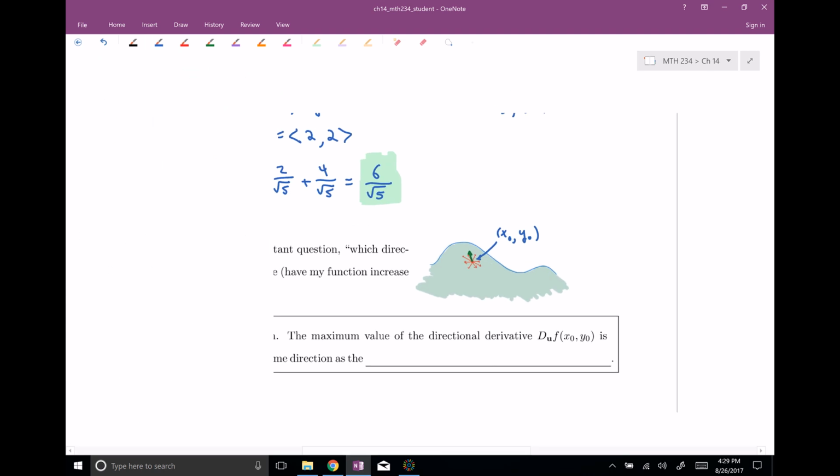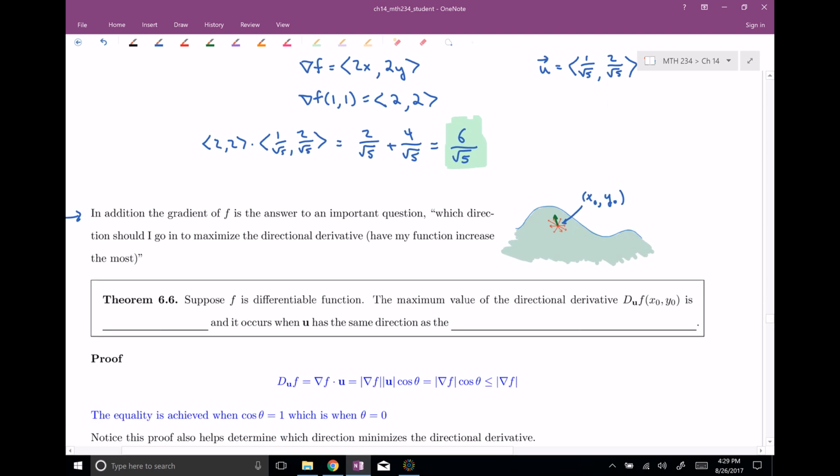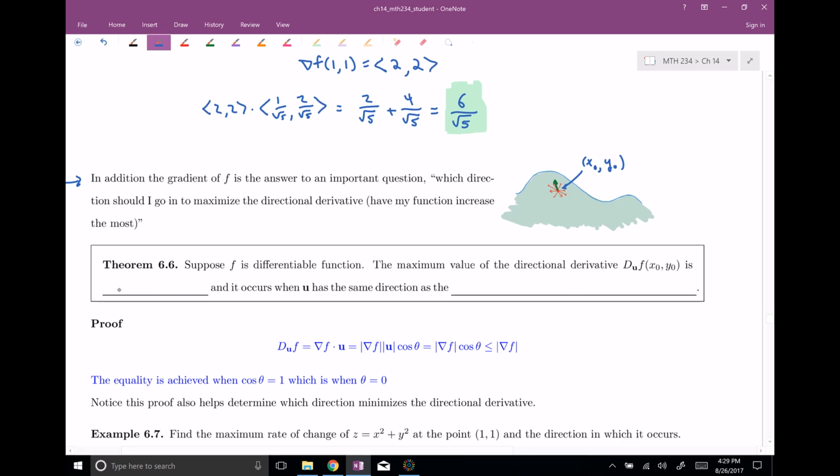So let me give you the theorem here that formalizes this a little bit more. Suppose f is a nice differentiable function. Which way maximizes the directional derivative? Well, the maximum value is the magnitude of the gradient evaluated at that point, x naught, y naught.